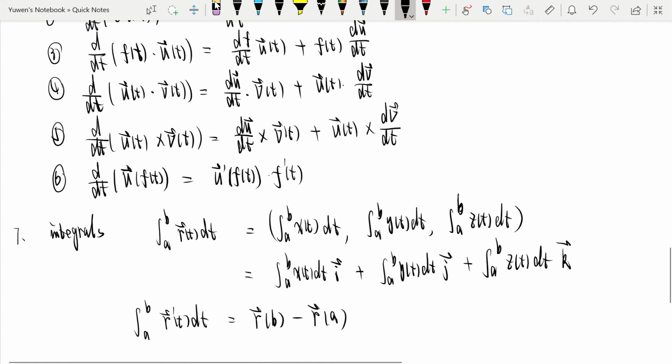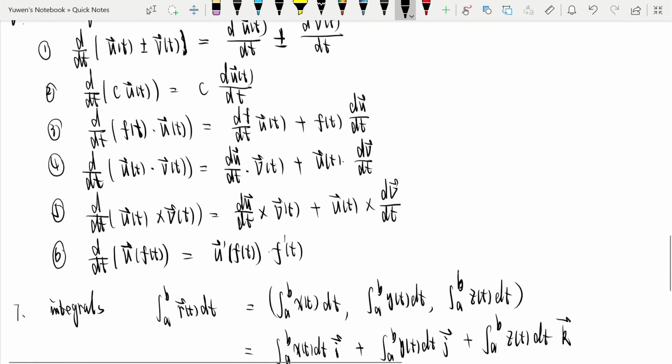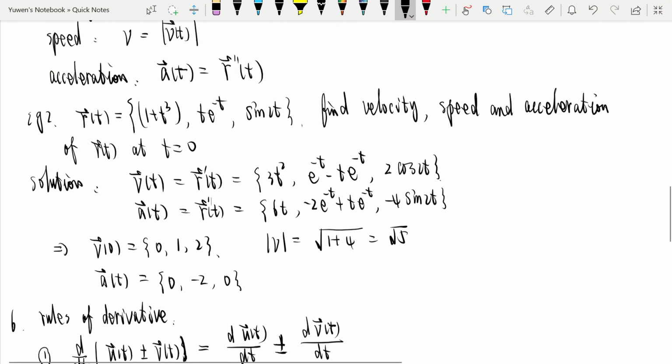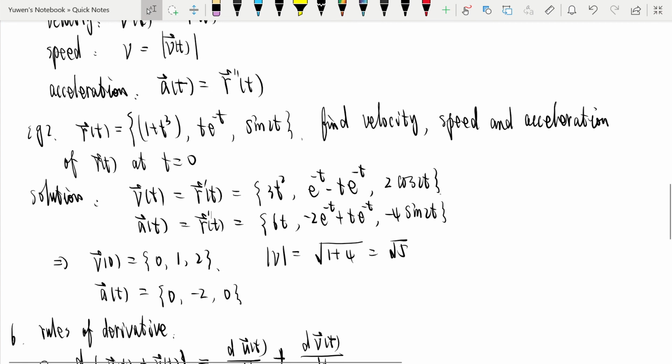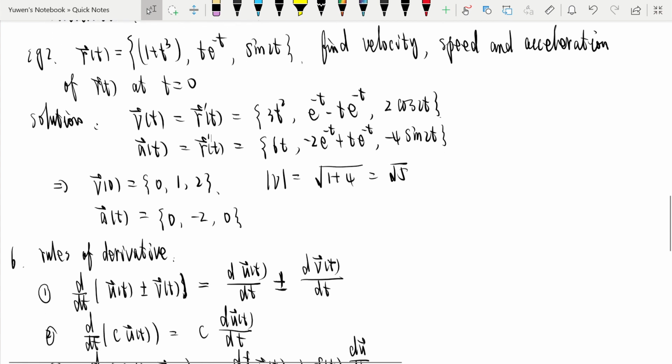That's the fundamental theorem for vector valued functions. So there's nothing special here. Just take the derivative, integration, limit for each component.